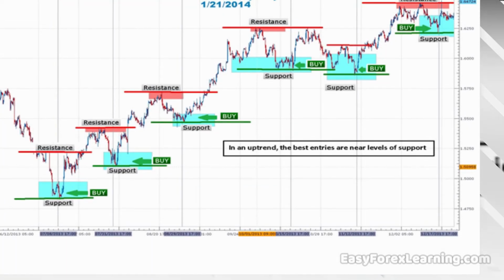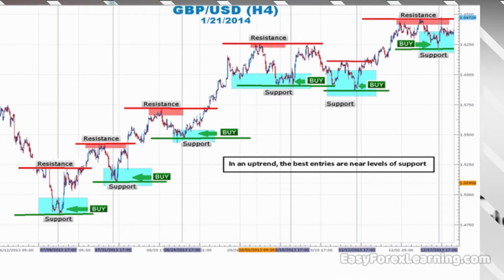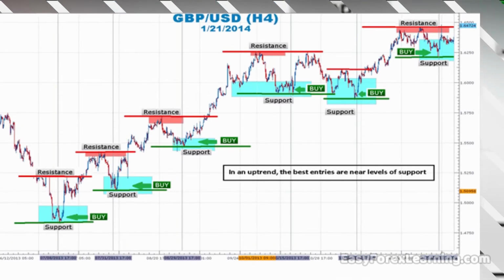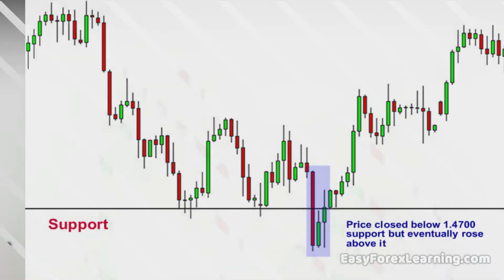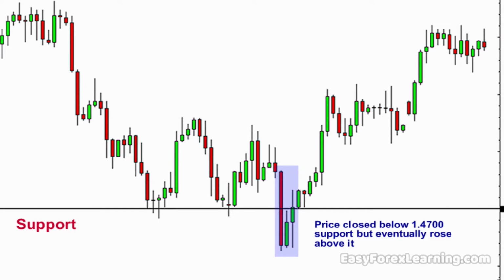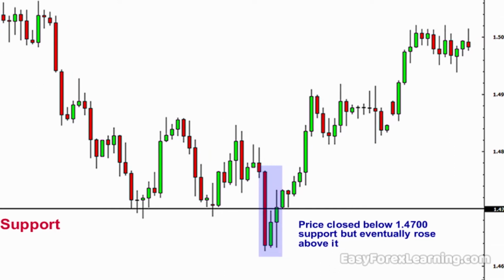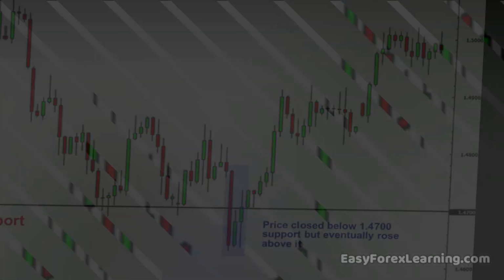If you had believed that this was a real breakout and sold this pair, you would have been seriously hurt. Looking at the chart now, you can visually see and come to the conclusion that the support was not actually broken. It is still very much intact and now even stronger. Support was breached, but only temporarily.